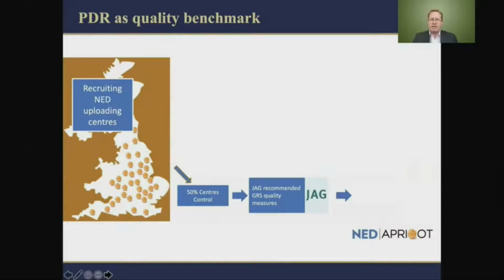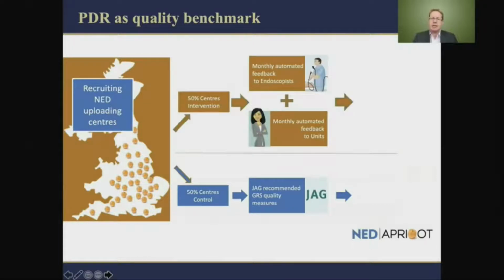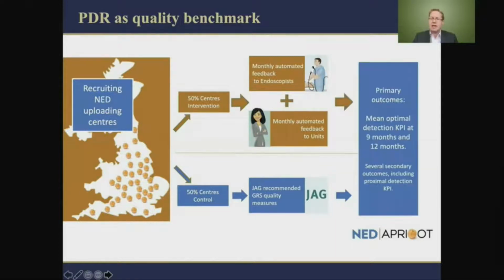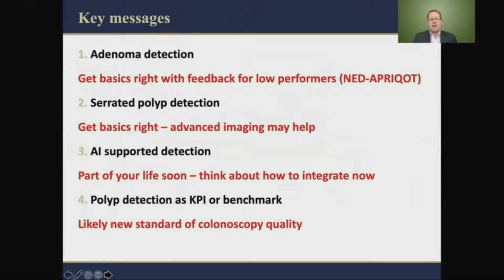Half of the centres are going to get standard JAG support and feedback, but the other half are going to get monthly automated emails generated from the National Endoscopy Database, and with some of the hints and tips that I've been describing today to try and improve your polyp detection rate, and look to see whether polyp detection might be a good key performance indicator, which would obviously be much more simple for us to report and action than adenoma detection rate.